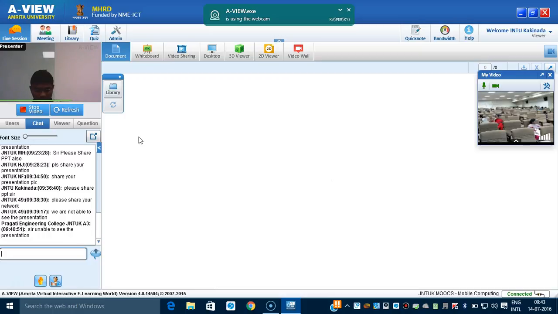The mobile node is configured with the IP address and a mobility security association also. Mobility security association in the sense it will have one IP, it will have one shared key. That is for security purposes, we are using that security key. Now the mobile node has an IP address and a shared key.